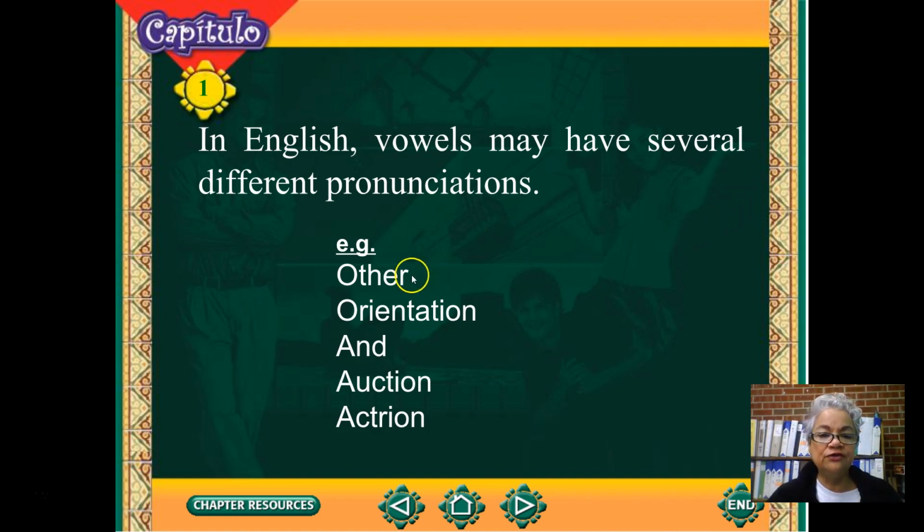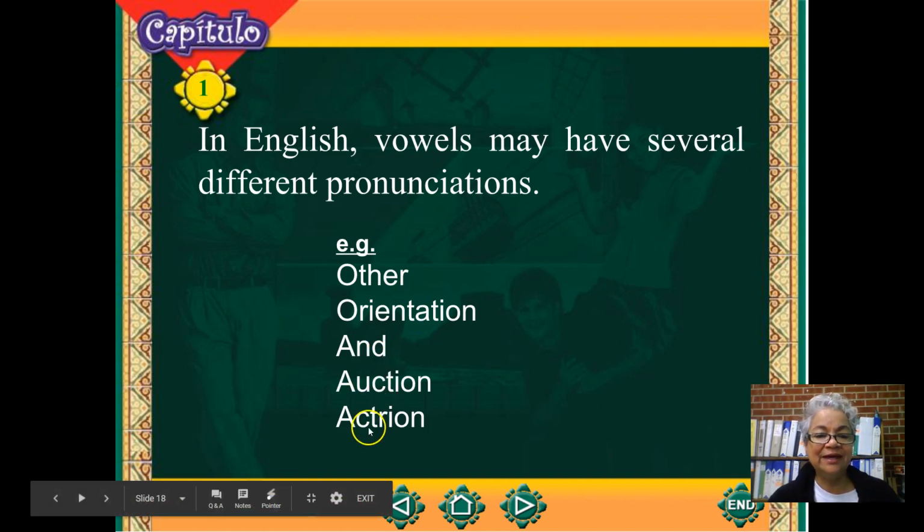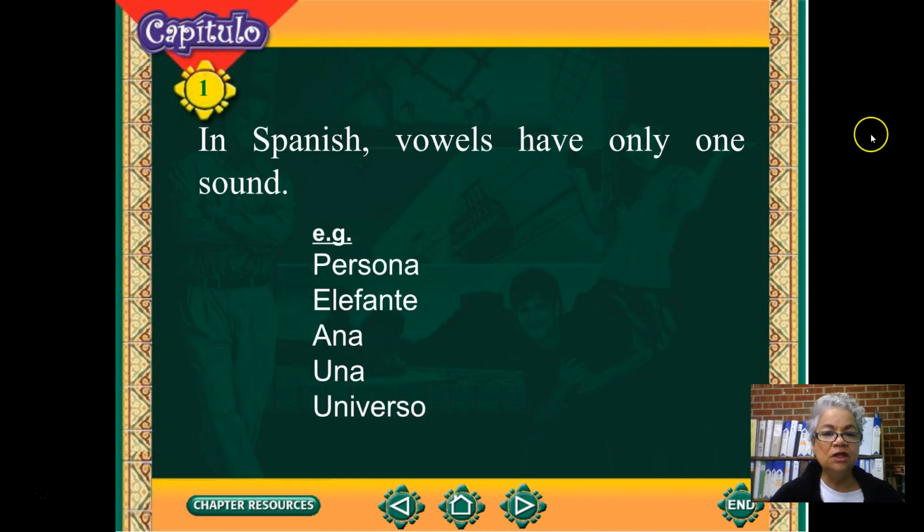So you have other, orientation, auction, action. And there's a typo here. That is correct. I will fix that later. In Spanish, your vowels only have one sound, such as persona, elefante, ana, una, universo.